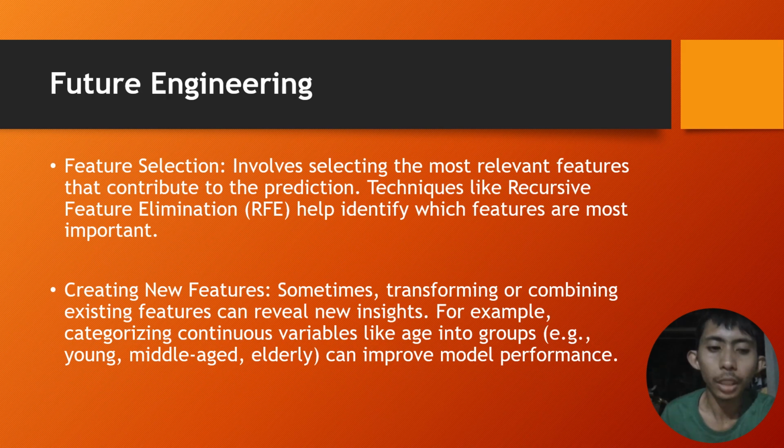Then for the feature engineering, it has feature selection and creating new features. Feature engineering for this breast cancer dataset involves transforming raw data into meaningful features that improve the performance of the machine learning model. This process includes addressing outliers for the features identified above, which are area mean, area worst, perimeter mean, and perimeter worst.